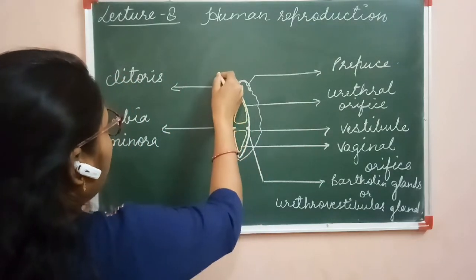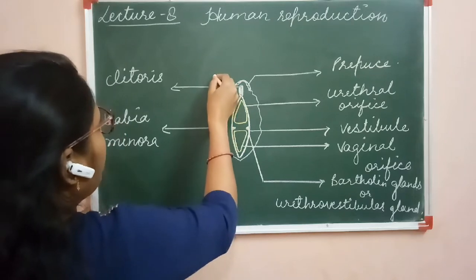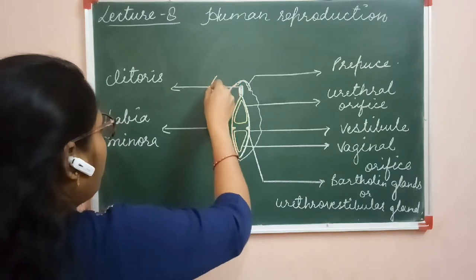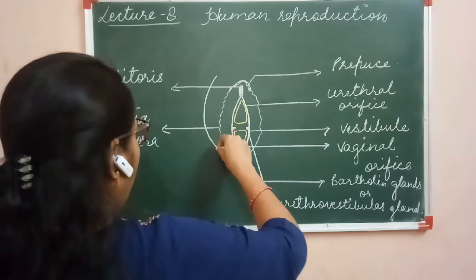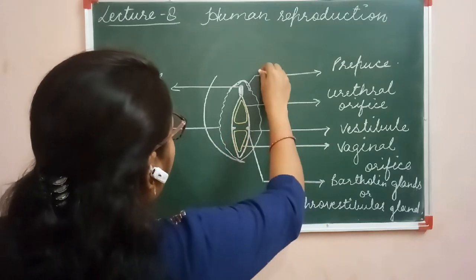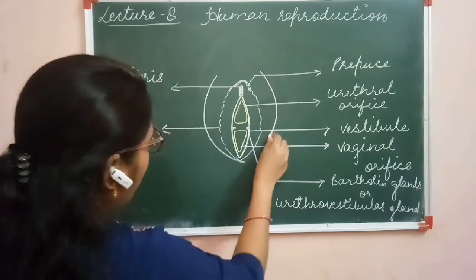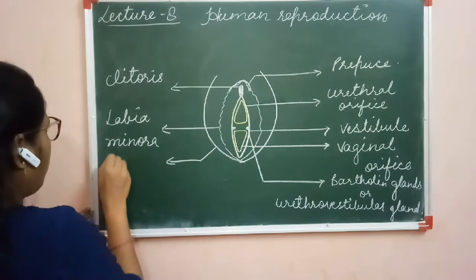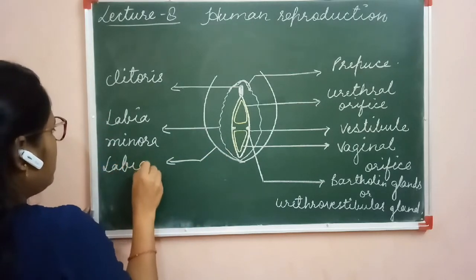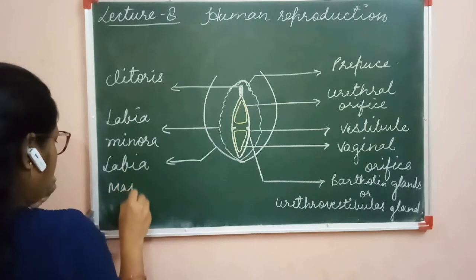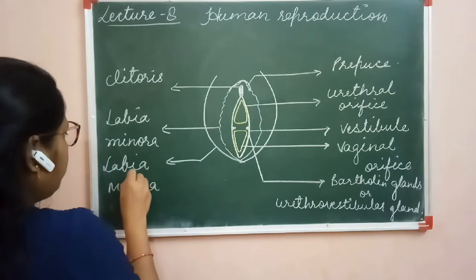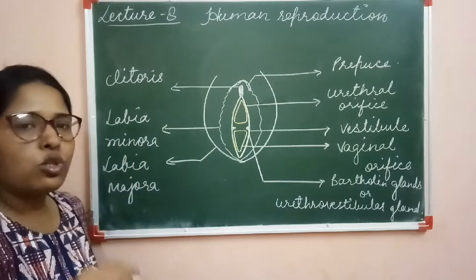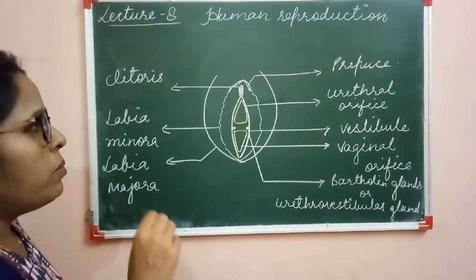Next, on the outer side of this labia minora, one large lip-like fold is also there, and this fold is called labia majora. This is similar to the scrotum of males.